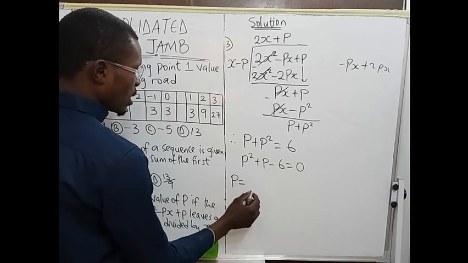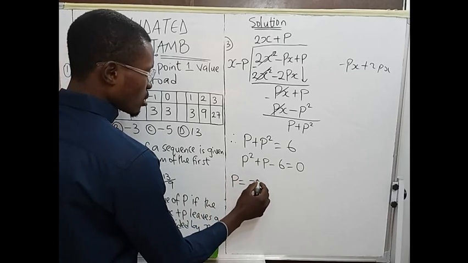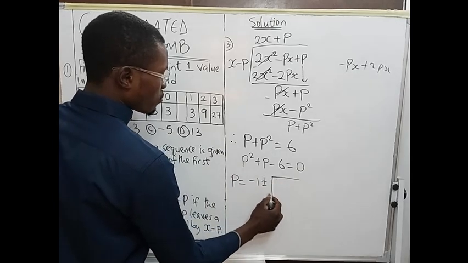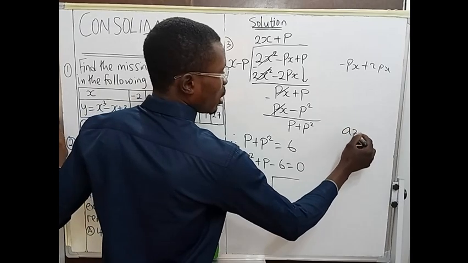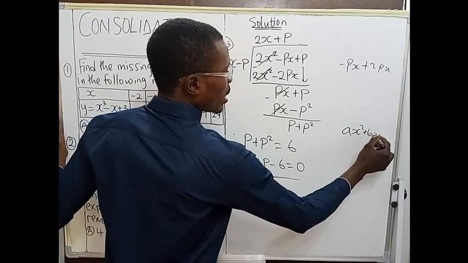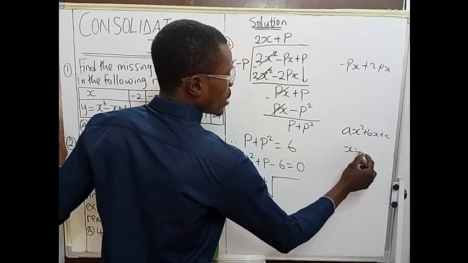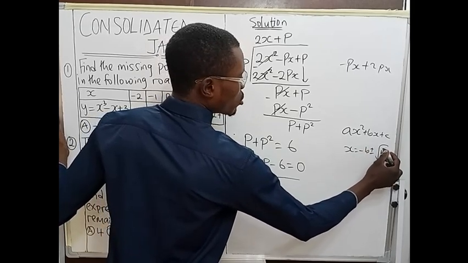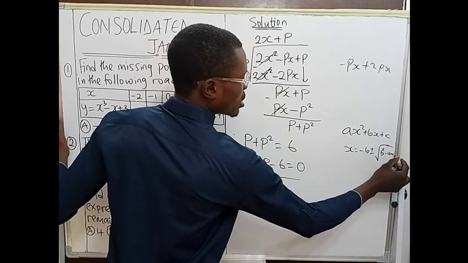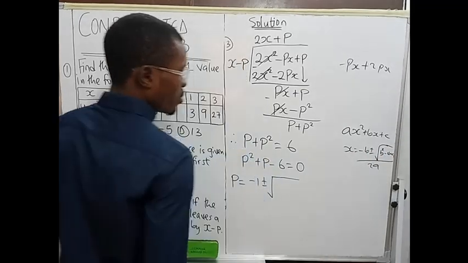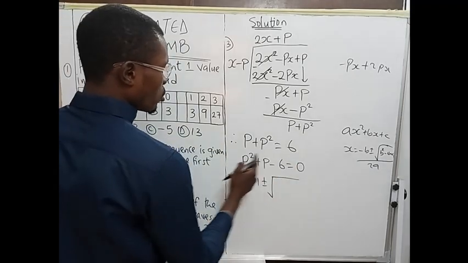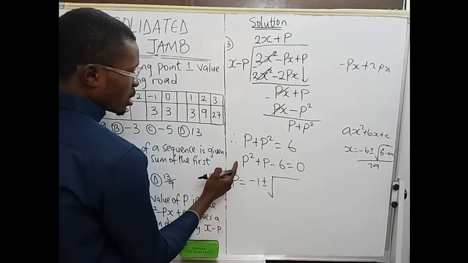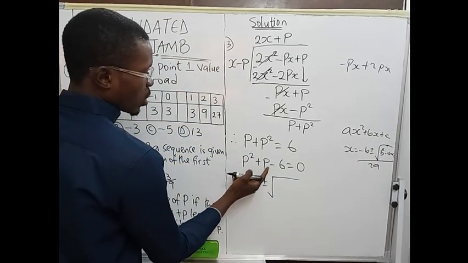Given the quadratic equation ax squared plus bx plus c, x is given by minus b plus or minus the square root of b squared minus 4ac, all over 2a. That's what I'm doing here now. A is the coefficient of x squared, b is the coefficient of x, c is the constant. So here our a is 1, our b is 1, our c is minus 6.